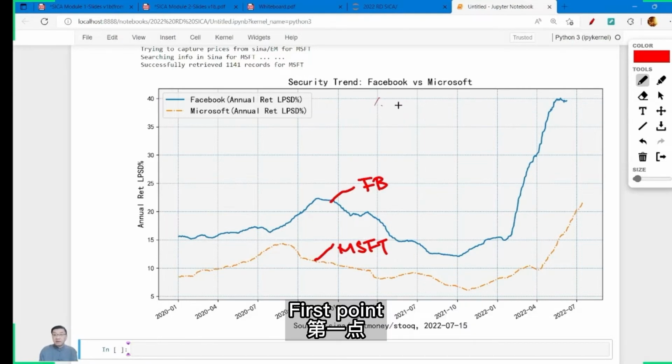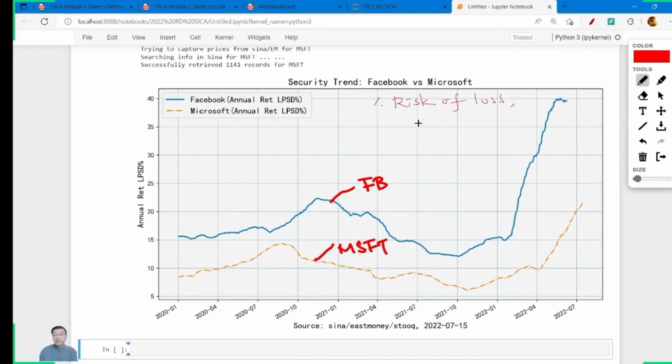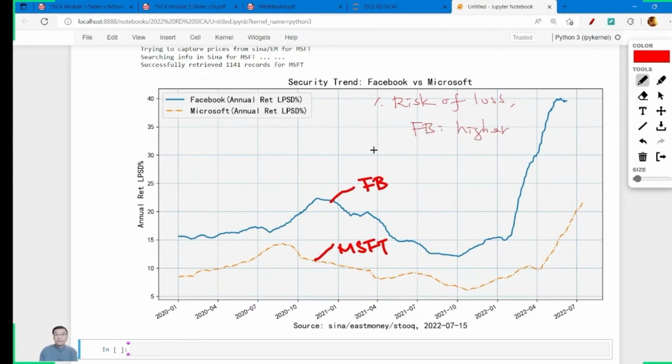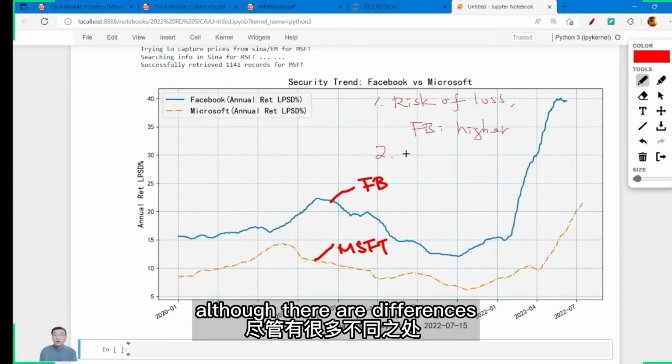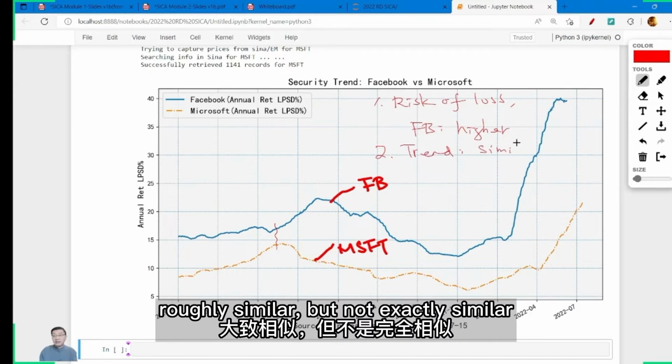The first point, from the risk of loss perspective, Facebook is always higher than Microsoft. Second, although there are differences, in general the trends are similar to each other. Roughly similar, but not exactly similar.